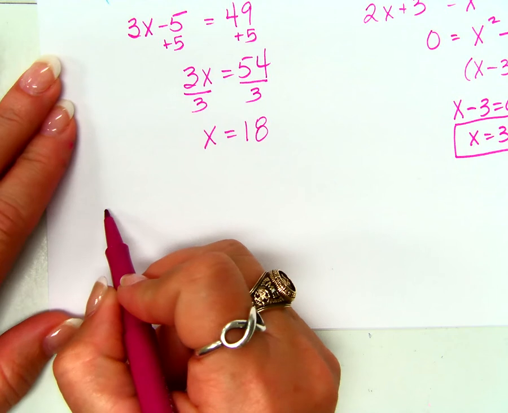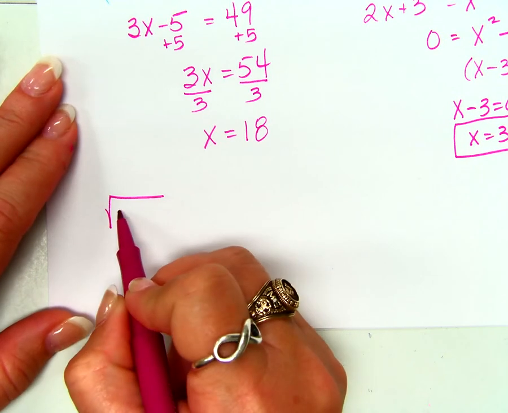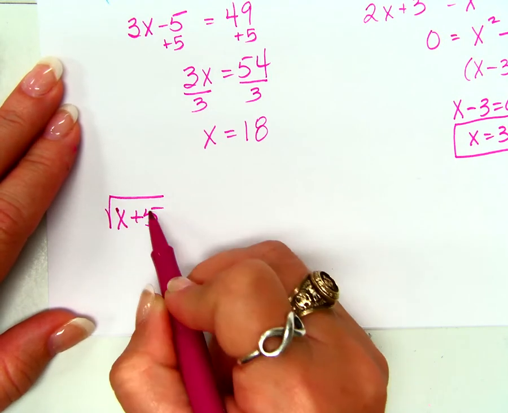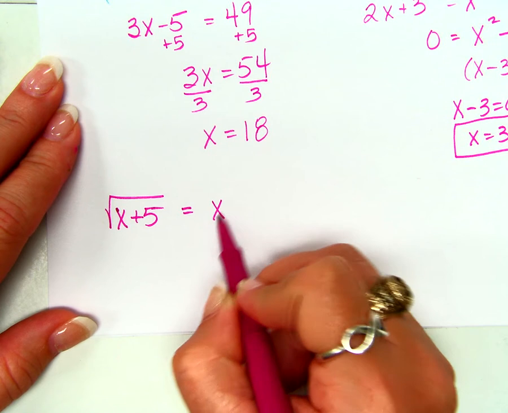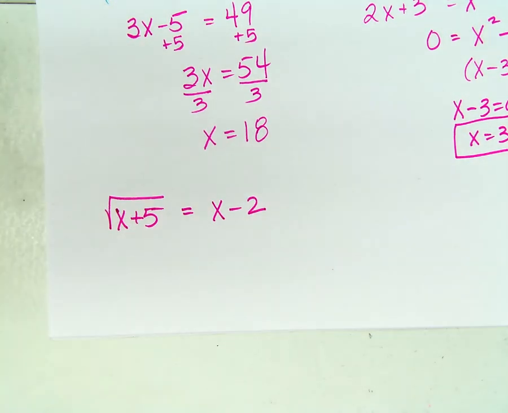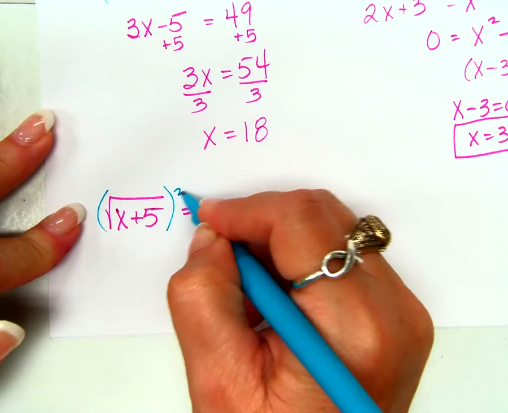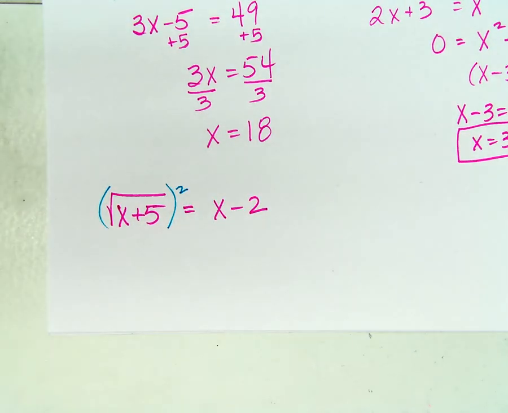The one that I was worried about most is if you have the square root of x plus 5 equals x minus 2. Something like this. So it's still a square root problem, right? And when I go to square, what am I afraid you're going to do?